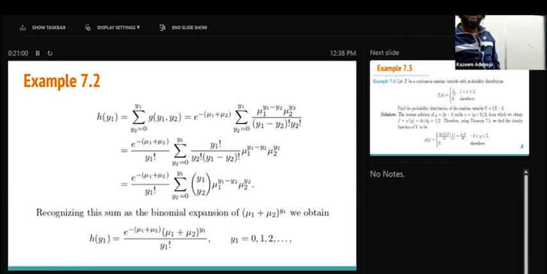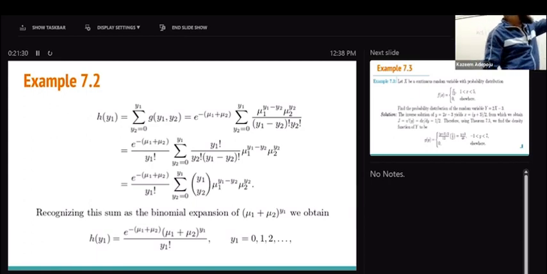Why do I need that? So that I will be able to rewrite y1 factorial divided by y2 factorial times y1 minus y2 factorial as y1 combination y2. If I don't introduce y1 factorial, there's no way I will be able to do that. At times when we're deriving, we can introduce an unknown variable. But when you are introducing it, you have to obey the rules of mathematics, because introducing y1 factorial divided by another y1 factorial is like I have introduced nothing, because one can cancel out the other.